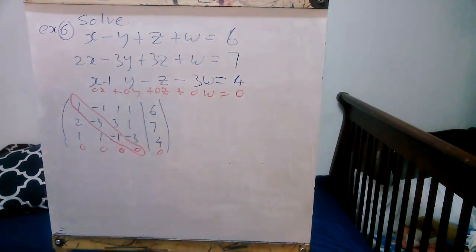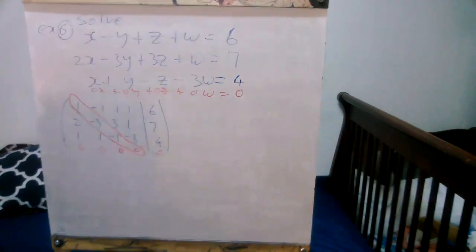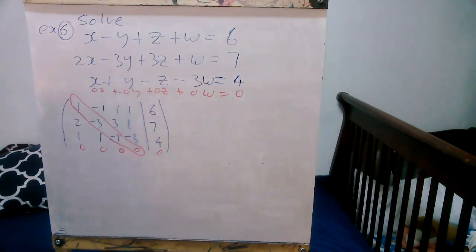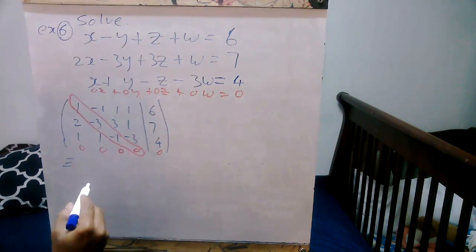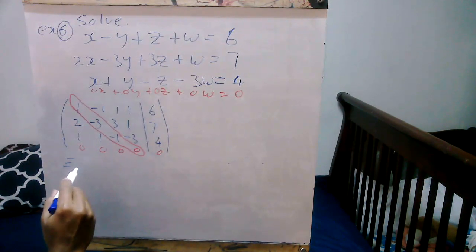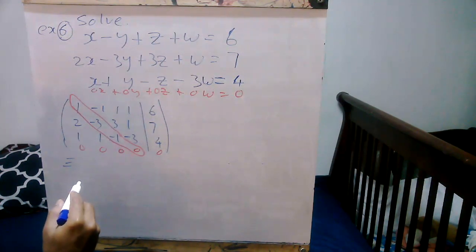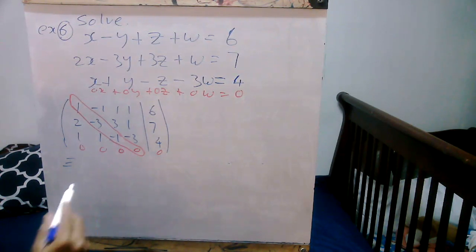Make the diagonal 1 and everything else 0. When we do that, you come to a place like this. You get a matrix like this.